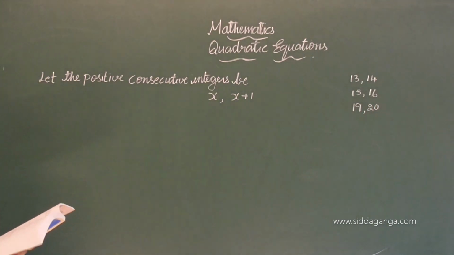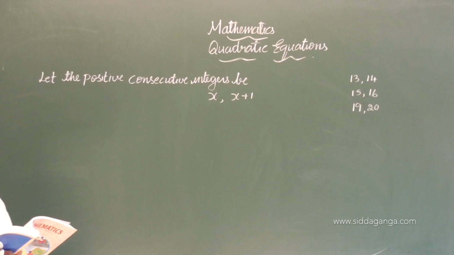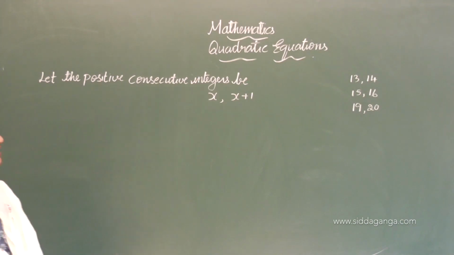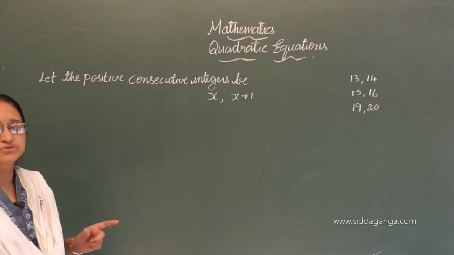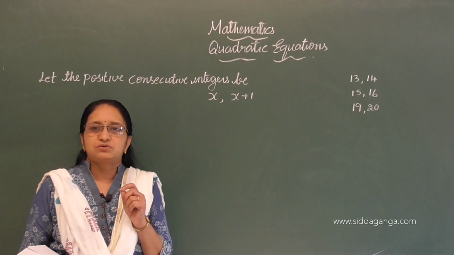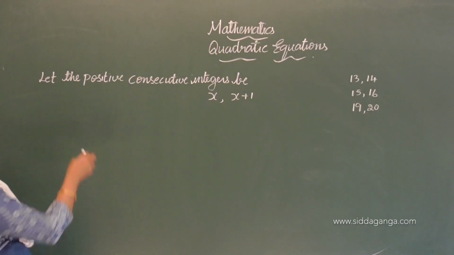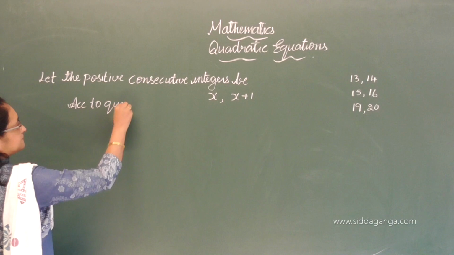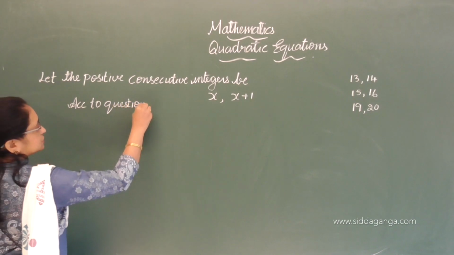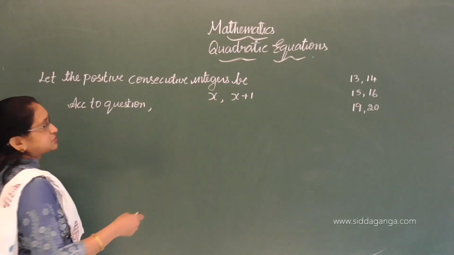Next, sum of whose squares is 365. You should read the question twice. According to the question, what will be the equation?